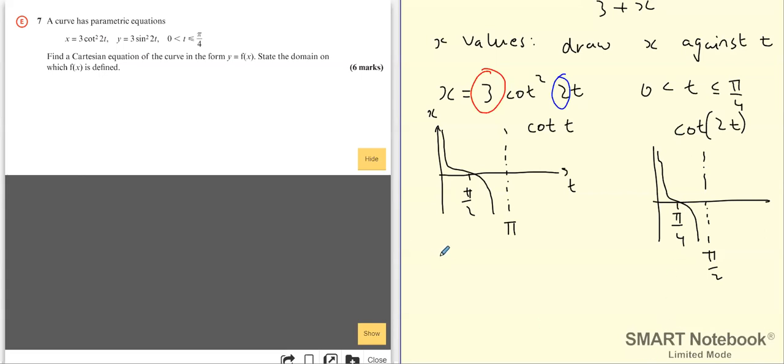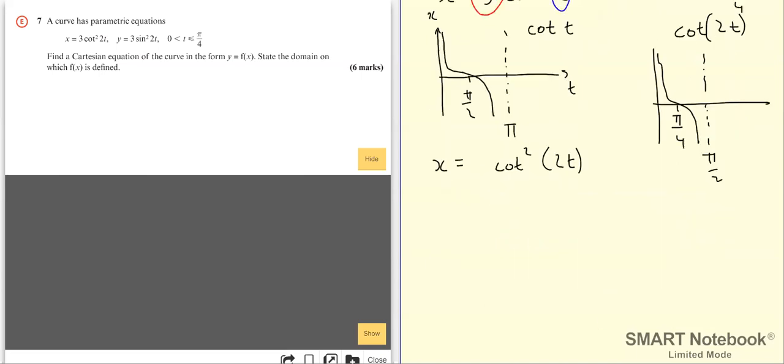And then finally, I am going to do x equals 3 cot, well actually, there's one more, cot squared 2t. What is the impact of squaring going to be?